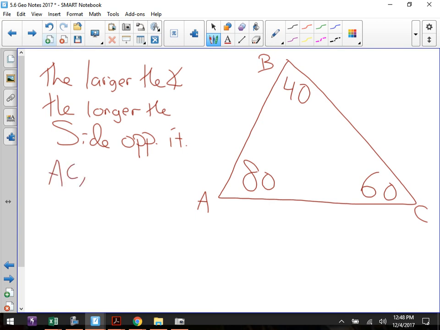And then the next one would be AB. And then the last one, the longest one. Okay. Again, not really all that difficult, is it? It makes common sense. And guess what? It works going backwards.